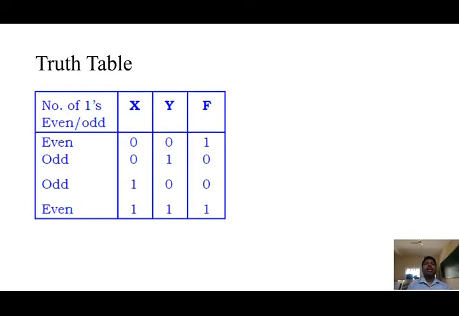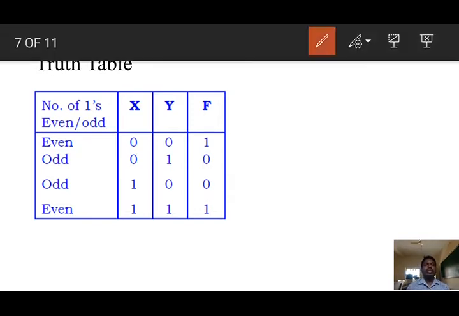Next, the truth table. Dear student, it is very easy and simple to write the output for the XNOR gate. It is vice versa of the XOR gate. See, if the number of ones in the input is odd, you have to write 0 as the output.